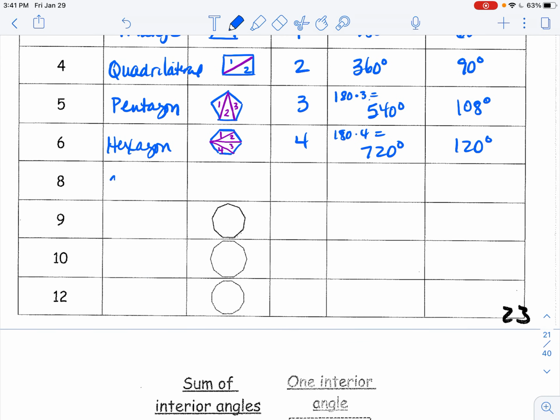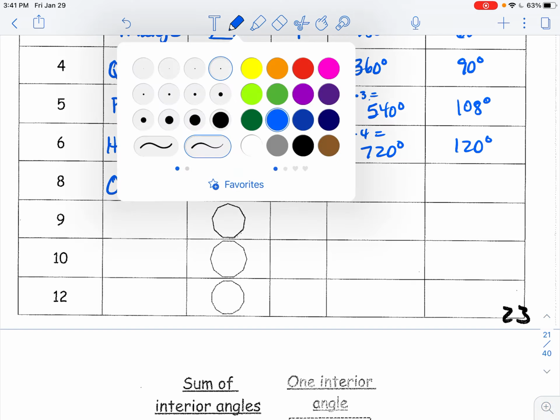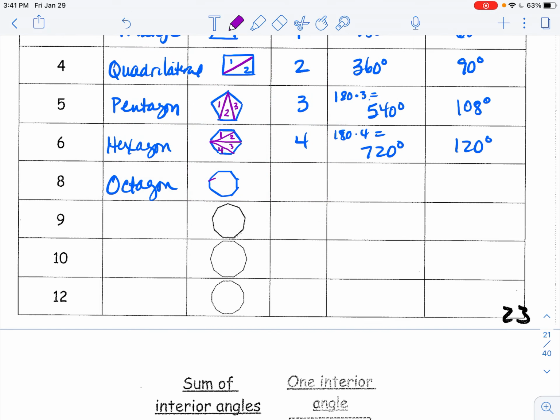Oh man, I gotta draw an octagon next. All right, 1, 2, 3, 4, 5, 6, 7, 8. Okay, that wasn't too terrible. Okay, let's see. 1, 2, 3, 4, 5.